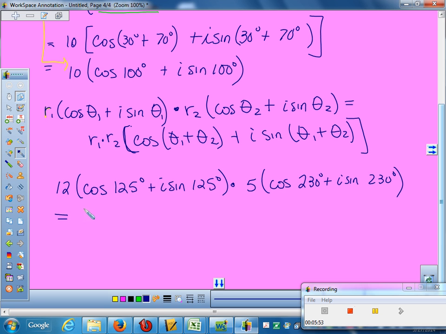The radius is out front, so 60. You're just going to multiply your R numbers in front. You're going to add your angles, and you're done. Are they that hard to multiply?